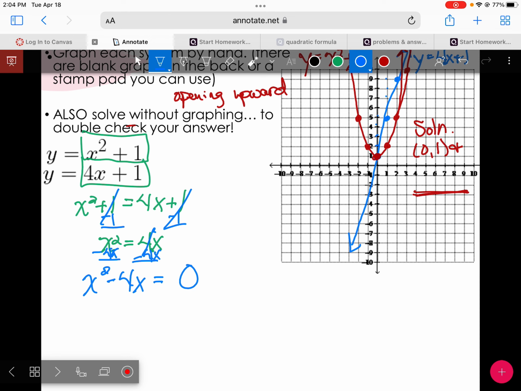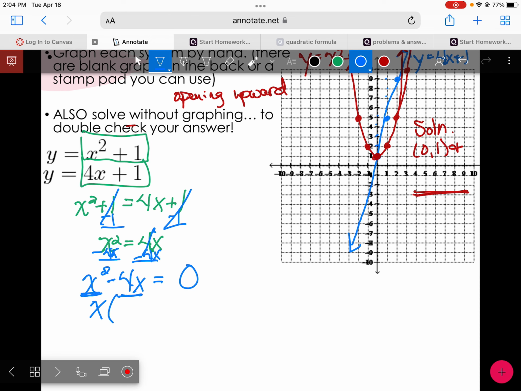Now what would you do? Think if you were factoring again, what would you do? Do I have a greatest common factor here? Yes, I do. What is it? No, not 2. x. x is common to this term and this term.